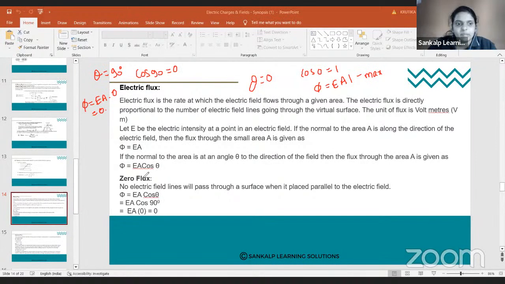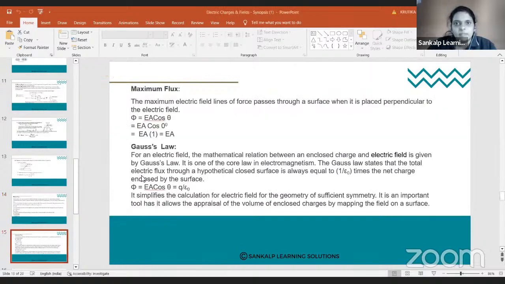The last, the Gauss law. So the Gauss law is given by what? The flux, just now we have seen the flux, is equal to 1 upon epsilon naught times the total charge enclosed by the system. So this is your Gauss law.